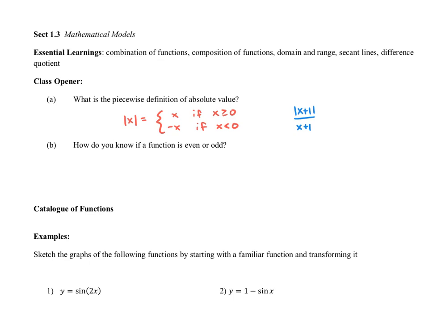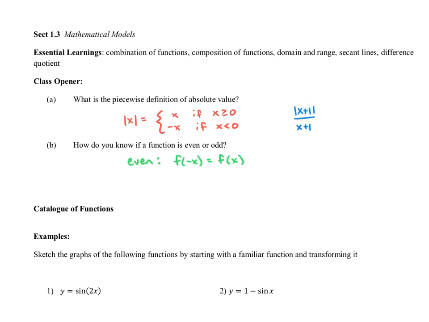Then we also have a quick review of even versus odd. For an even function, the definition is f of negative x equals f of x. In section 1.1, I showed you an example of this, so make sure that you show even versus odd exactly how I demonstrated it in that lesson. Don't try to create your own way.